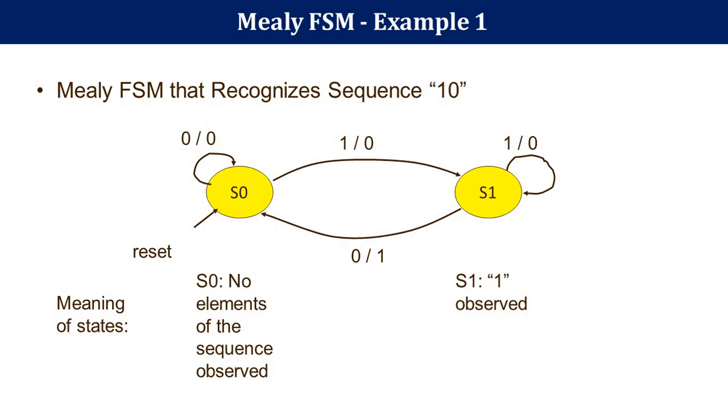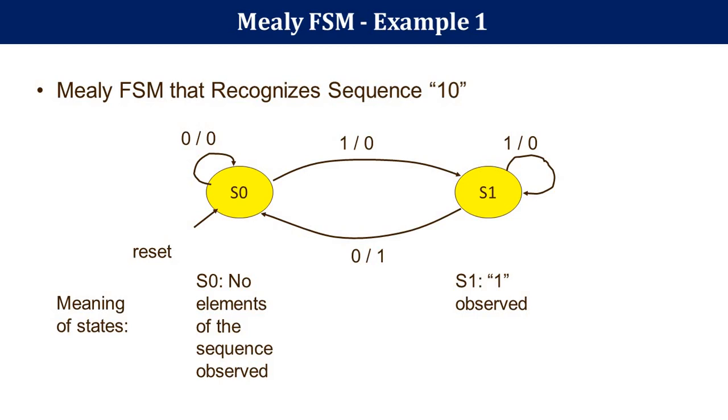And when another 0 is detected, it will move from S1 to S0, because one was observed and then a 0 input is detected, it will transit from S1 to S0, and the output becomes 1. Hence it will require one lesser number of states.